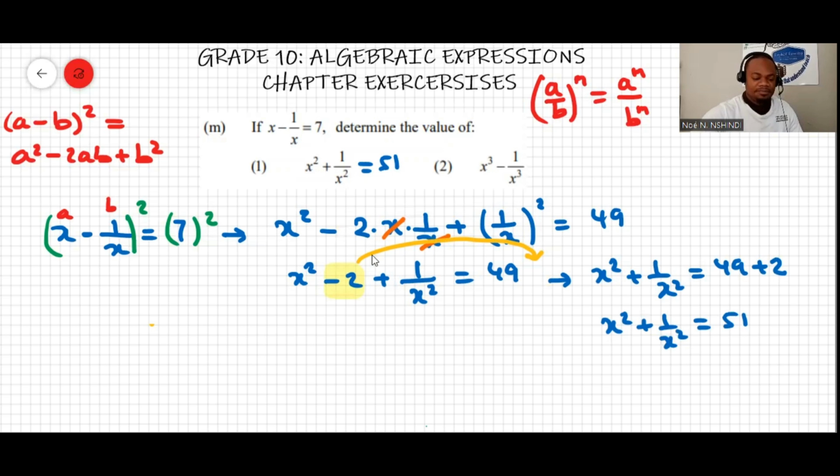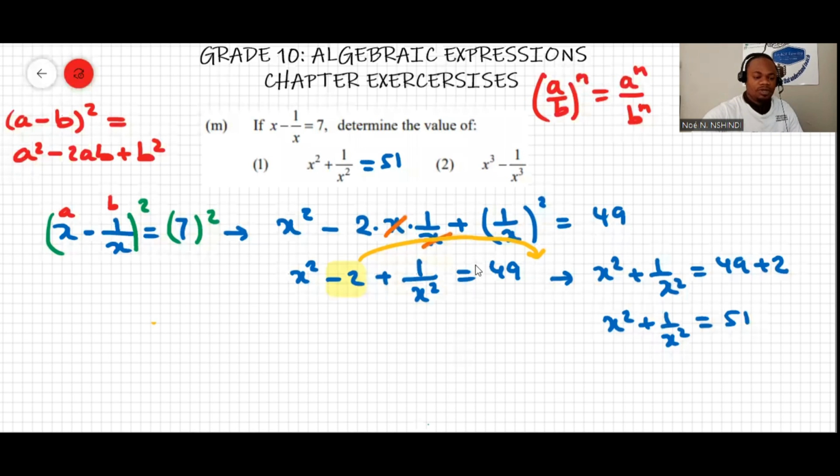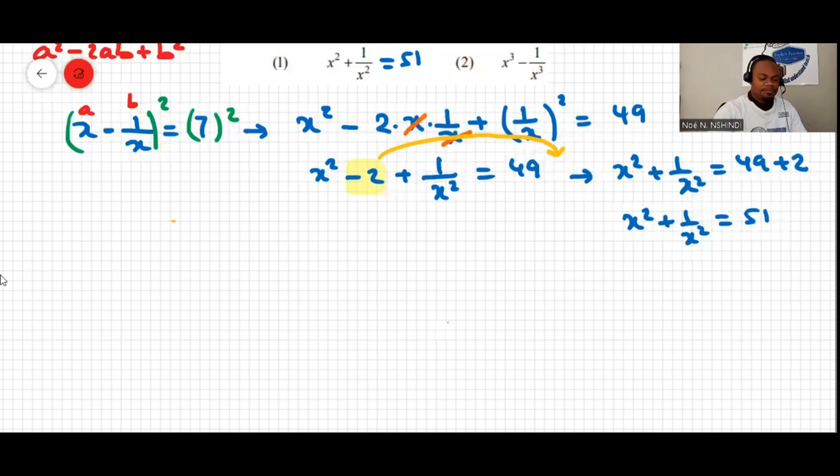We can do the same for question 2 there. Question 2 says x cubed minus 1 over x cubed equals what? That's what we're looking for. I don't need to write it over.